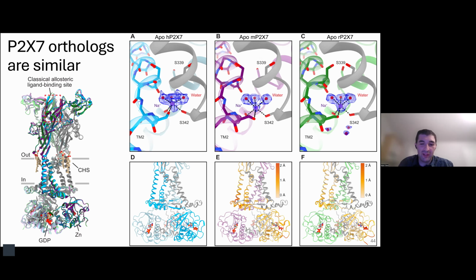Residues colored in light tan indicate a low RMSD difference, while residues colored in dark orange indicate higher RMSD differences. And we see that most of the receptor is colored in light tan, indicating that both mouse and rat P2X7 are very similar to the human P2X7 ortholog.